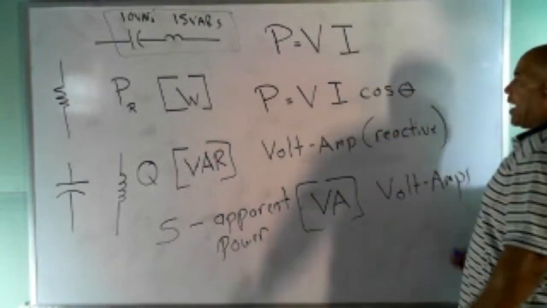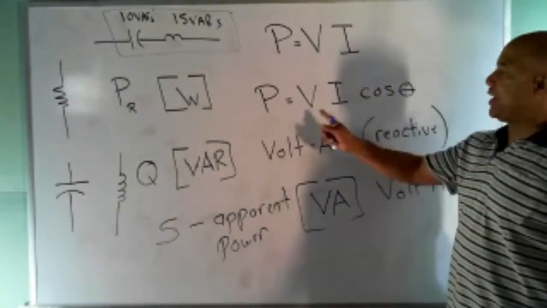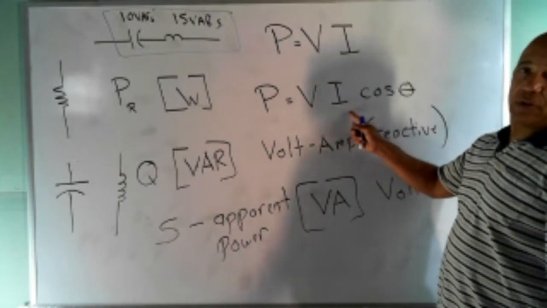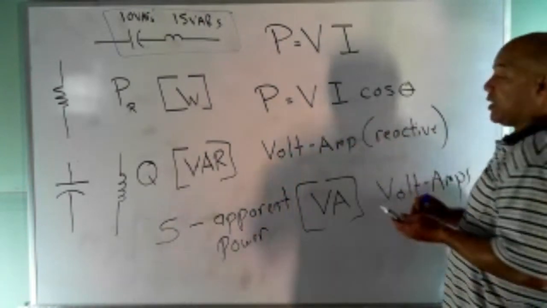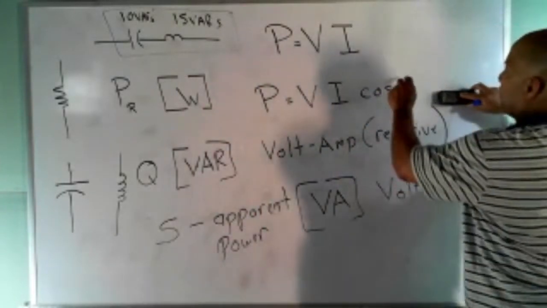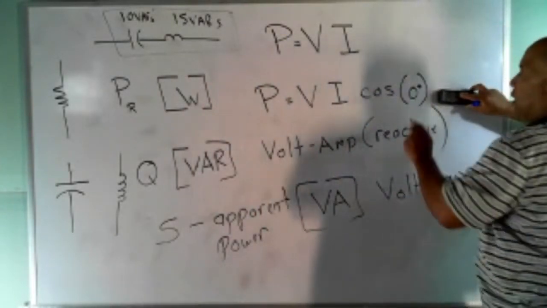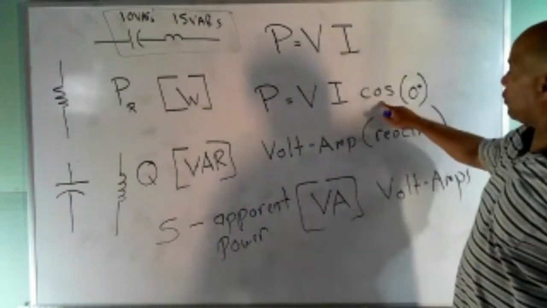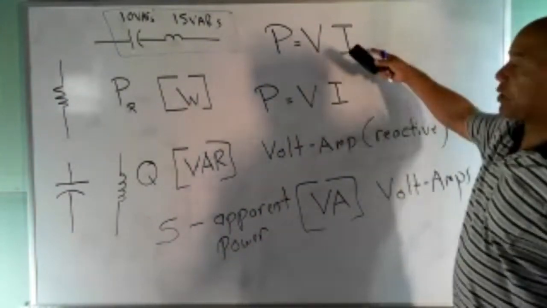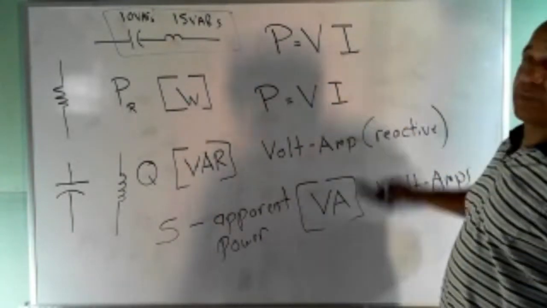The power factor is the cosine of the angle between these two. Remember, if I have a resistor, the current and voltage are in phase, so the angle between them would be 0 degrees. And you know from your trig class that the cosine of 0 is 1, so this goes out as 1, and I got my original equation back.